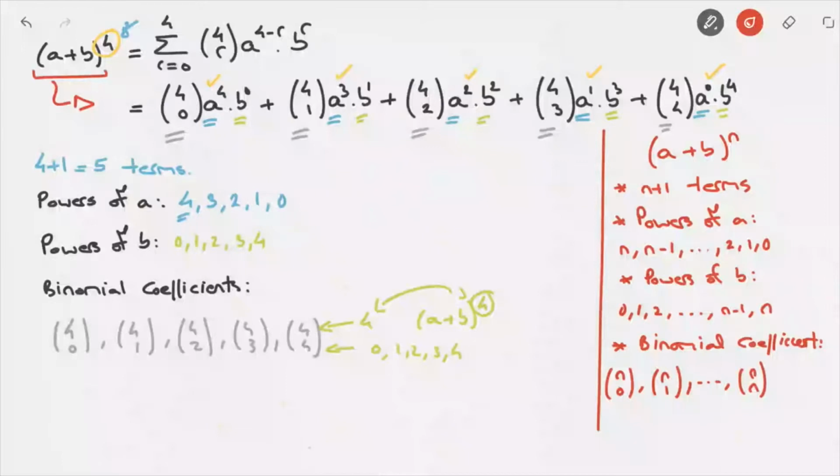Now, luckily for us, any binomial expansion looking like (a + b) raised to the power of n will always follow these patterns. So let's see how we can use these patterns to find binomial expansions. Okay, let's get started. Let's say we had to expand (a + b) raised to the power of 5.